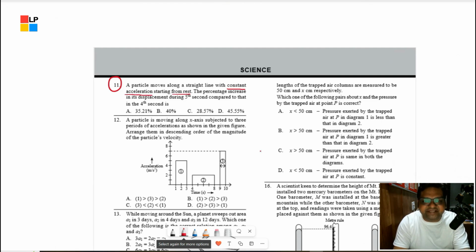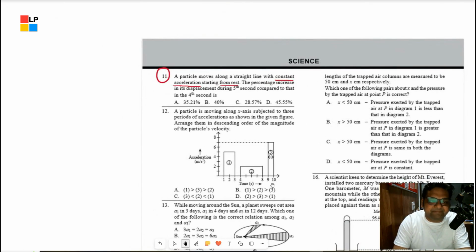The percentage increase in its displacement during the 5th second compared to its 4th second. What they are asking is simply the distance covered in the 5th second compared to the 4th second. So that means it is s5 minus s4, divided by s4, multiplied by 100. This is the percentage increase.